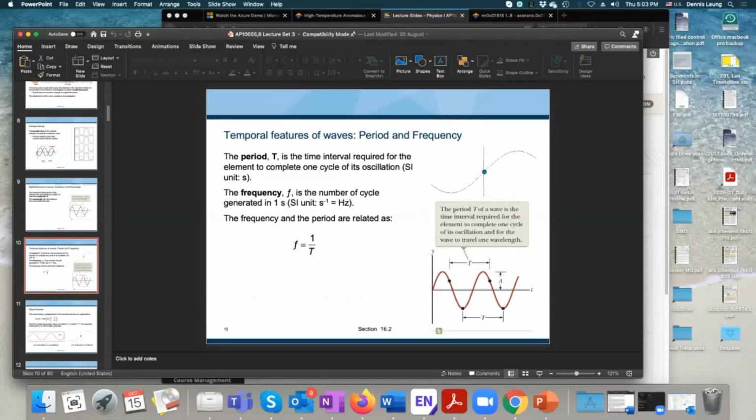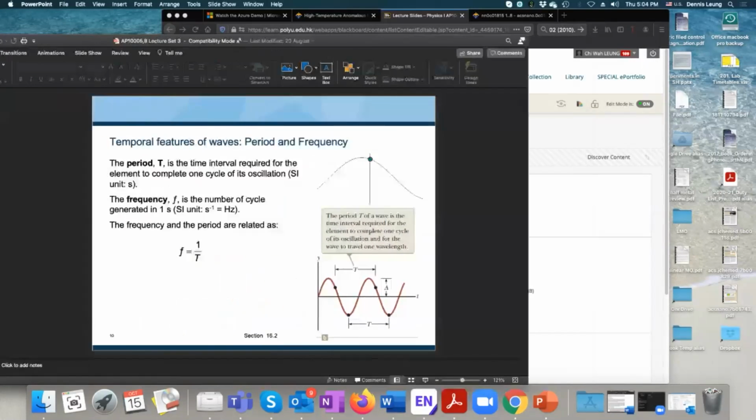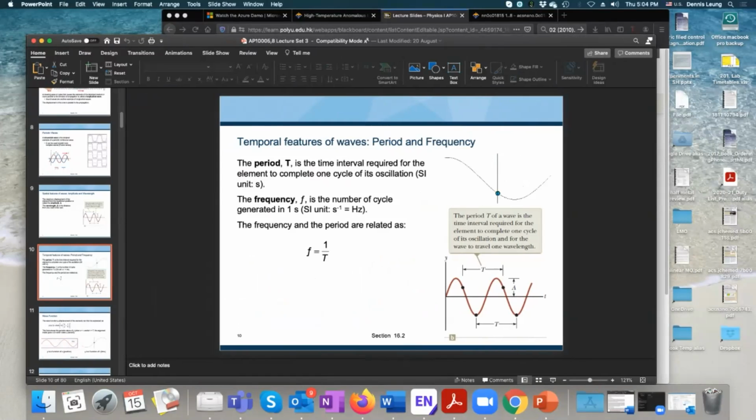So there are repetitions in this graph as well. The repetition is still a sinusoidal pattern. The minimum distance for the graph to repeat itself corresponds to 1 period of oscillation.